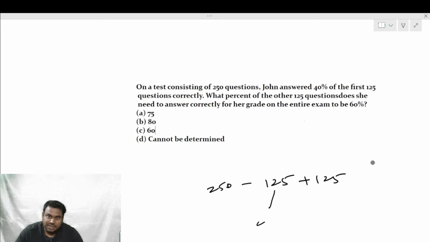What percent of the other 125 questions does she need to answer correctly for her grade on the entire exam to be 60%? This we don't need to solve out on paper; based on observation, we can answer this.